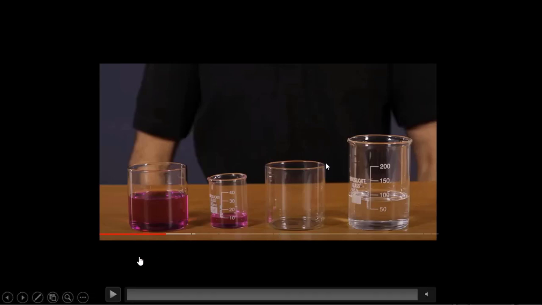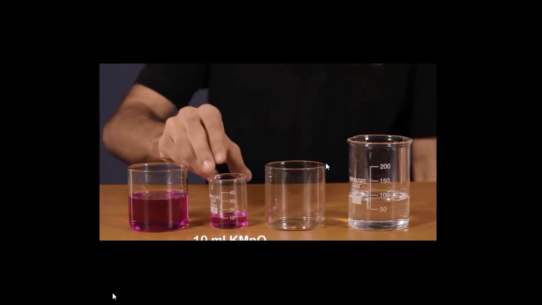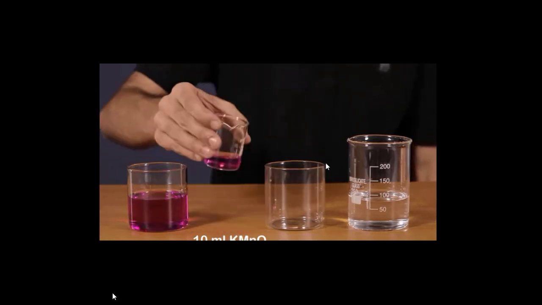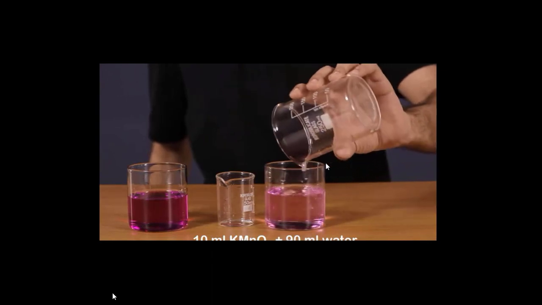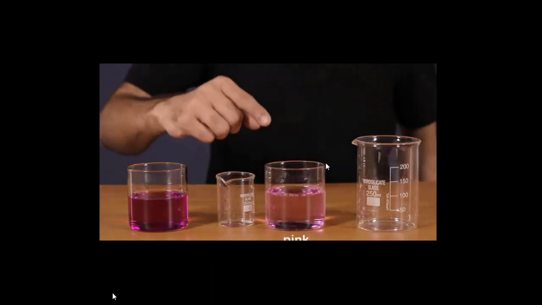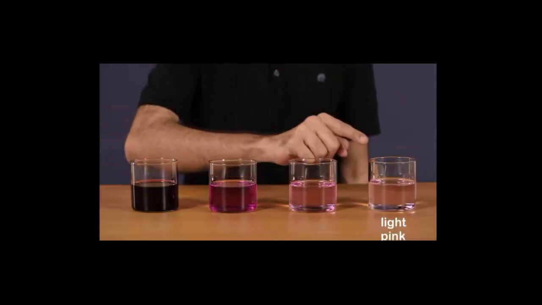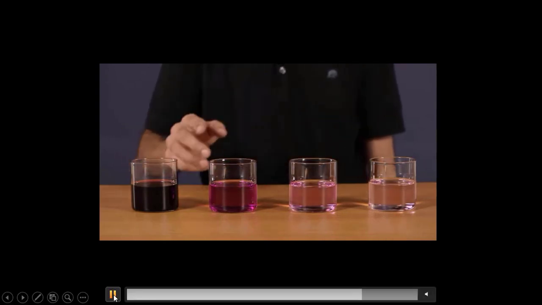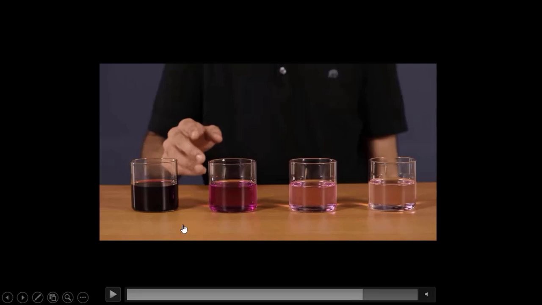Now, with me here is a video of the dilution process, and I want you to be very keen. We have the dark potassium permanganate. Then we subdivide a little bit of it into another glass and add water. Then again we subdivide a little bit of that, and at the end you can see on the screen we have 4 glasses of potassium permanganate, and each glass has a solution of a different color.